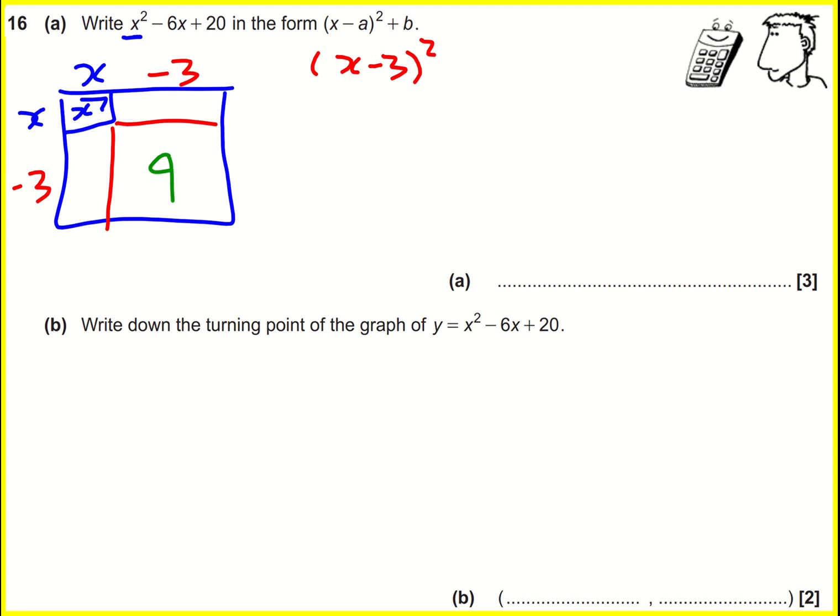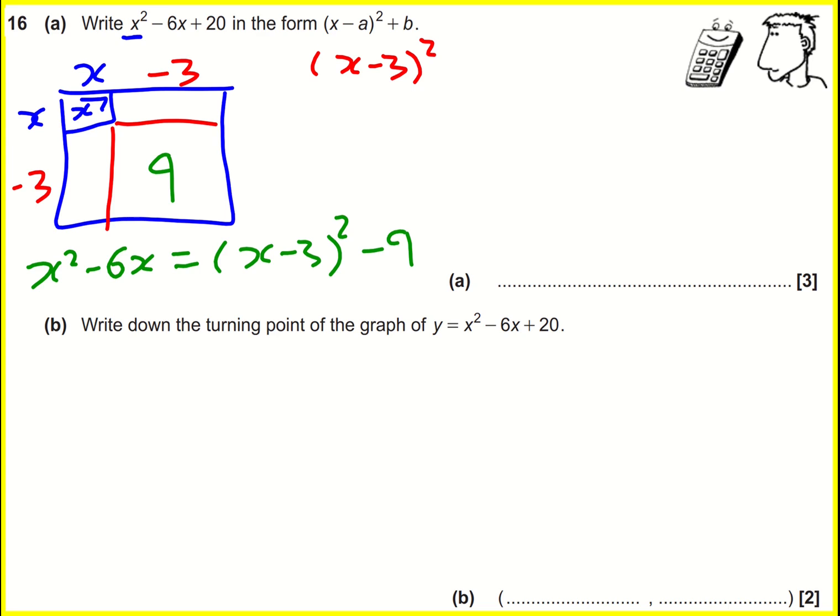So what I'm saying is that x squared minus 6x is equal to x minus 3 all squared. That's me completing the square, but then I've got an extra 9 coming on, so I need to minus 9 from it.